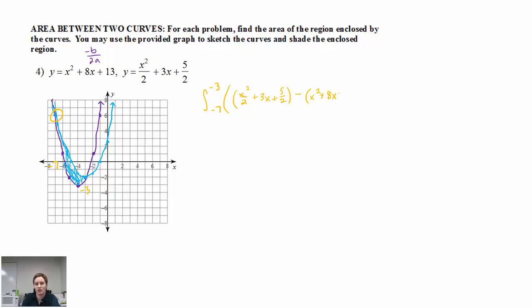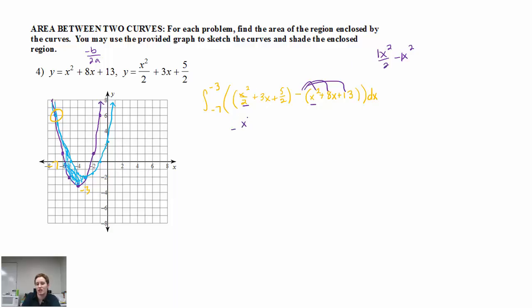Now this is going to give us an interesting set of simplification here, because we can do like terms once we've distributed that negative, but our like terms are a little unpleasant. X squared over 2 minus x squared. How do we subtract those? Well, this is like 1/2 minus 1, which is a -1/2.